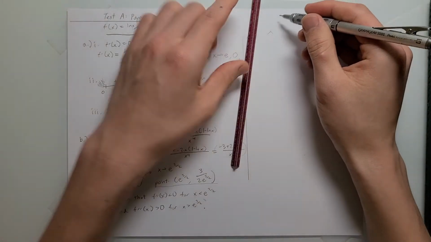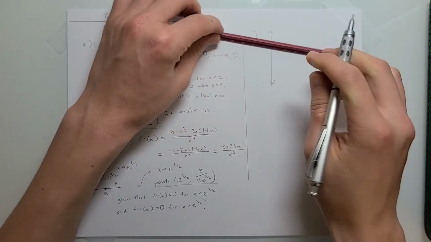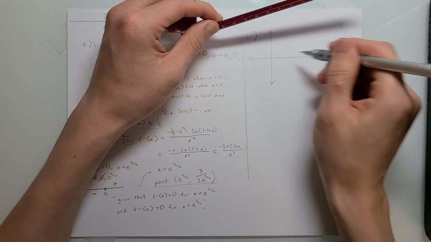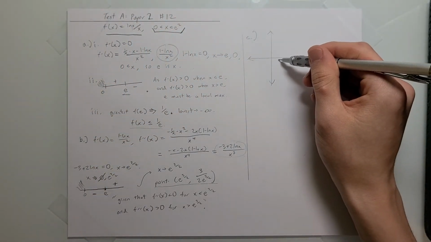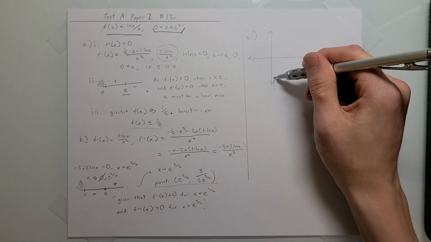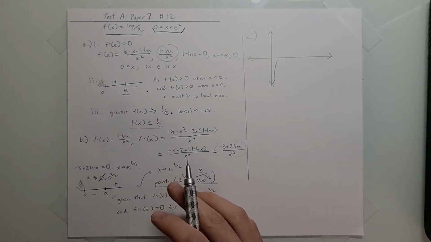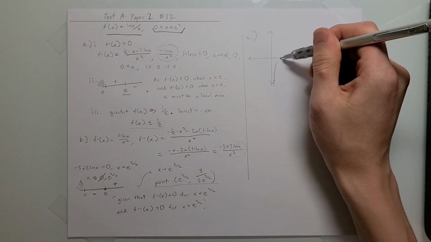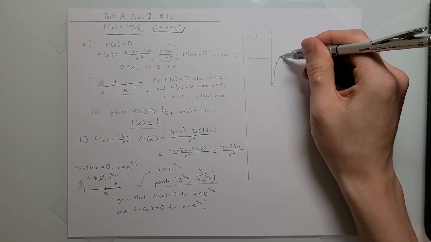So let's graph it. Just a basic coordinate plane. And a sketch. We know that as x gets infinitely close to 0, it's going to be negative infinity. So we could draw a straight line going up here. We know that this graph is going to intersect the x-axis when x equals 1, because ln of 1 is just 0. Okay.